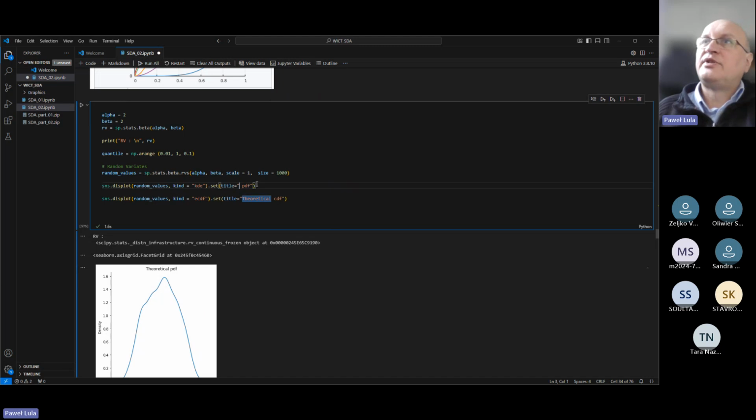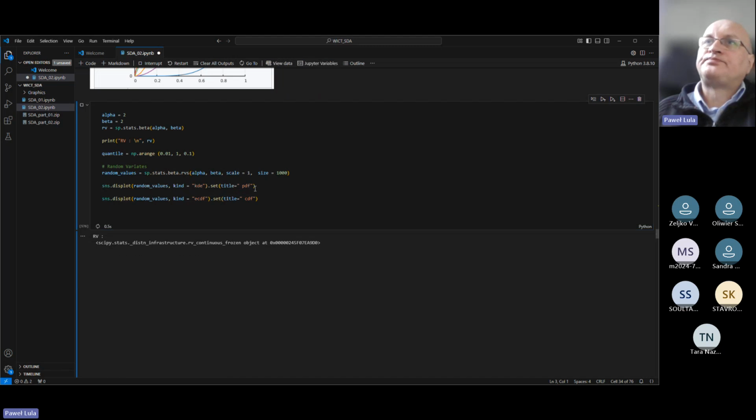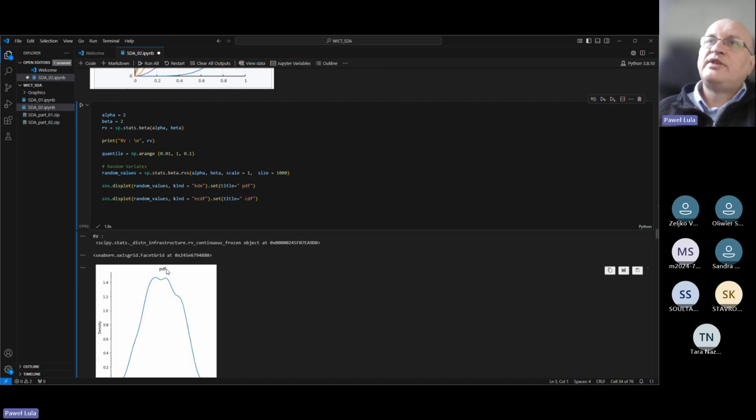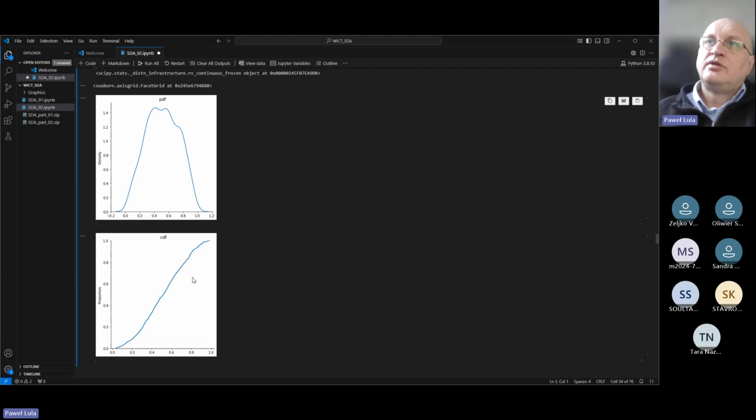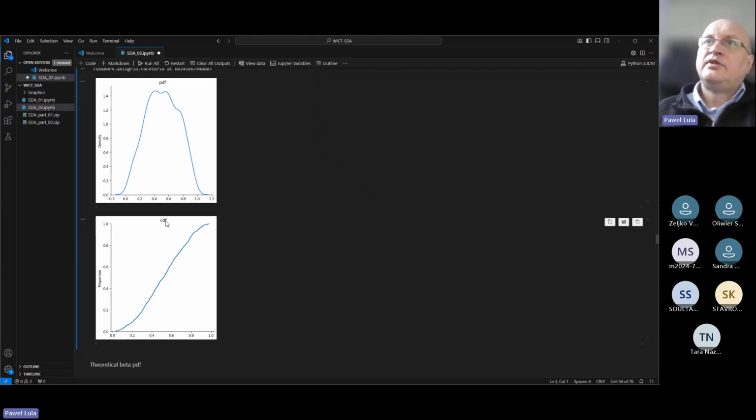Also, sorry for it because I had copied from another example. It is the probability density function, empirical, of course, calculated using a data set, and it is the cumulative distribution function.